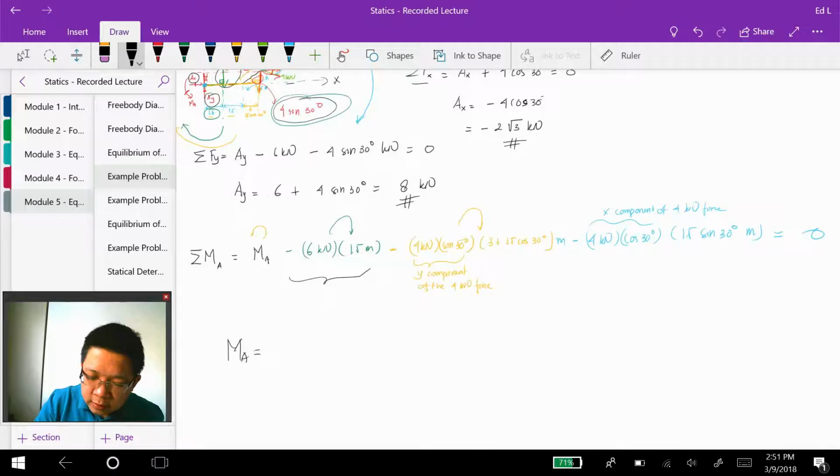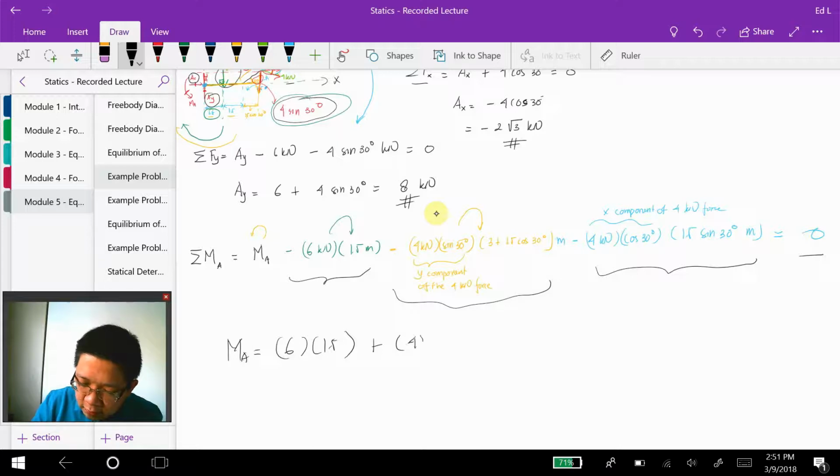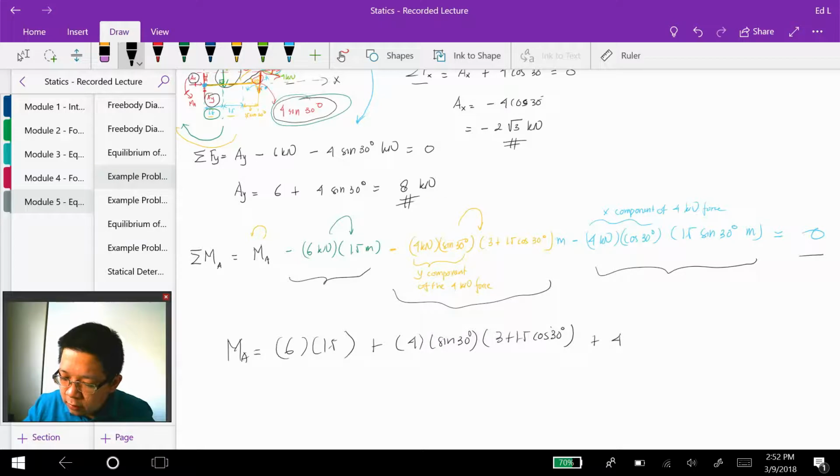We move this expression, this expression, and this expression to the right hand side of the equation. So we have 6 times 1.5 plus 4 sine 30 degree times 3 plus 1.5 cosine 30 degree plus 4 cosine 30 degree times 1.5 sine 30 degree.